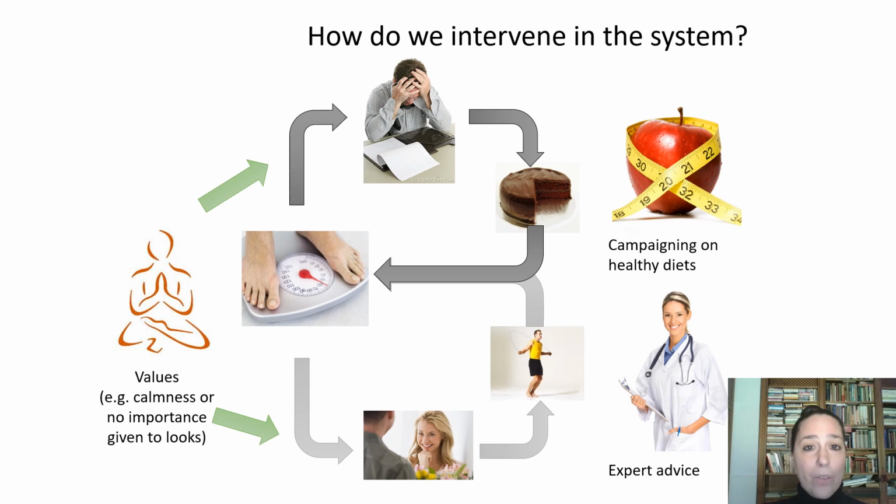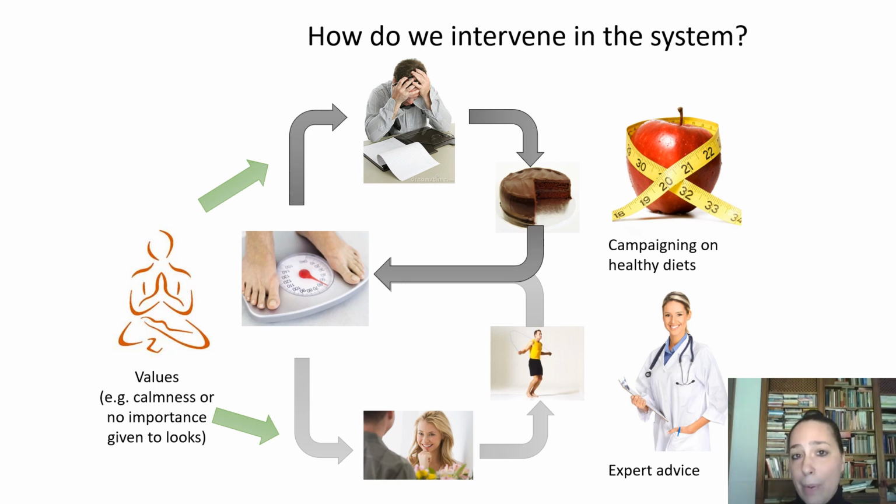And we can also influence the system by trying to move towards values that will influence this system. For example, instead of being frustrated or stressed because we gained weight, we can just try and have more quiet, have more calmness in our life so these things don't affect us.